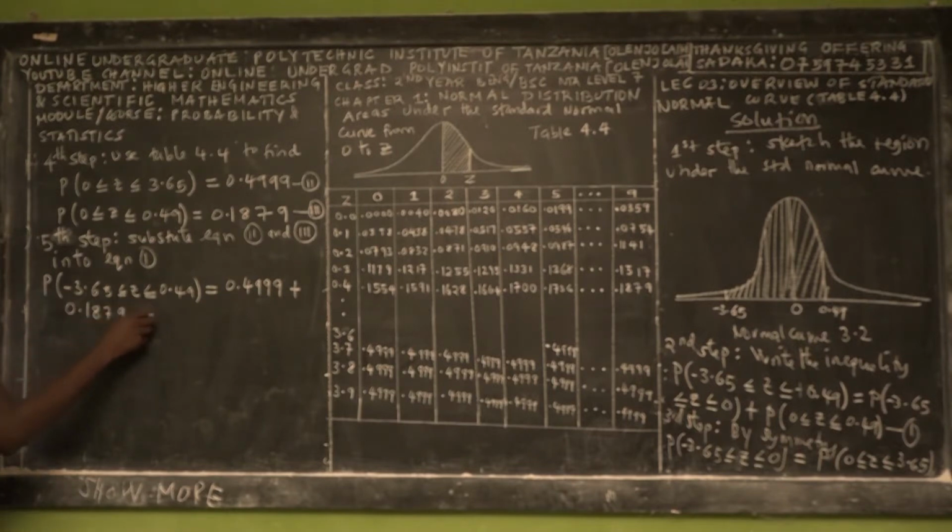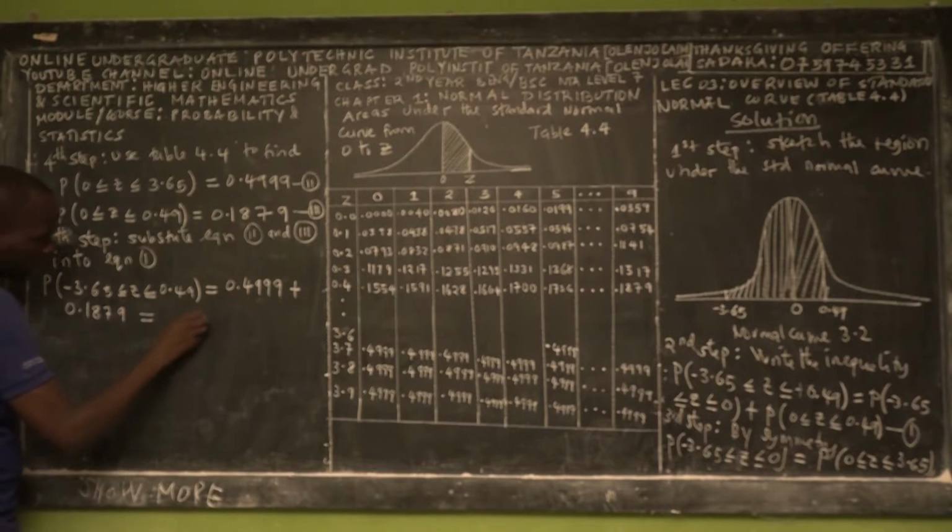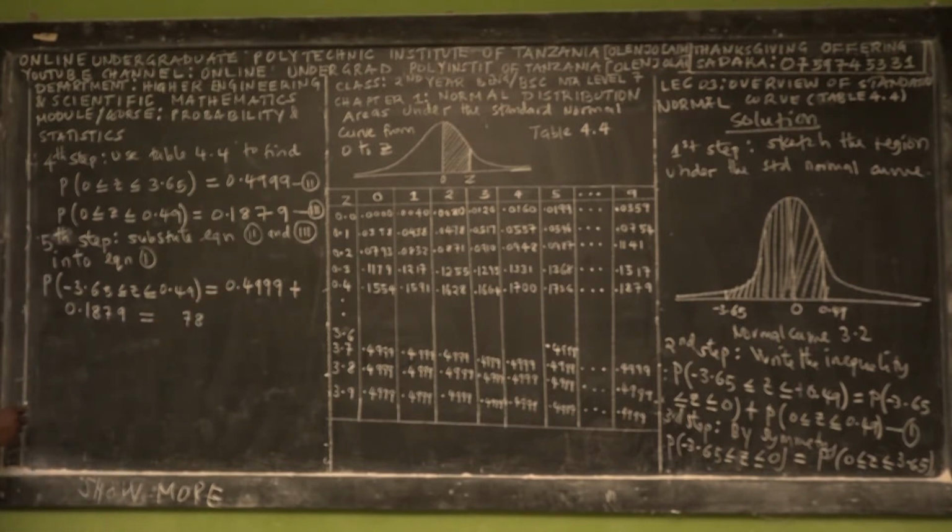So this will make what? 9 plus 9 is 18. Keep 1. Then you have 8. 8 plus 9 is 17. Then you keep 1. Then plus 1 is 18. Then you keep 1. Then 1 plus 4 plus 1 is 5. So 0.5878.